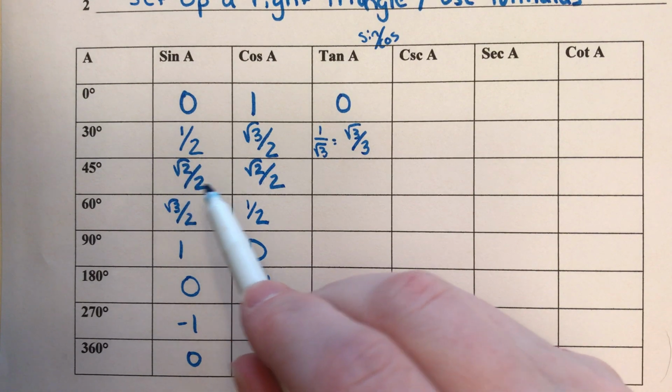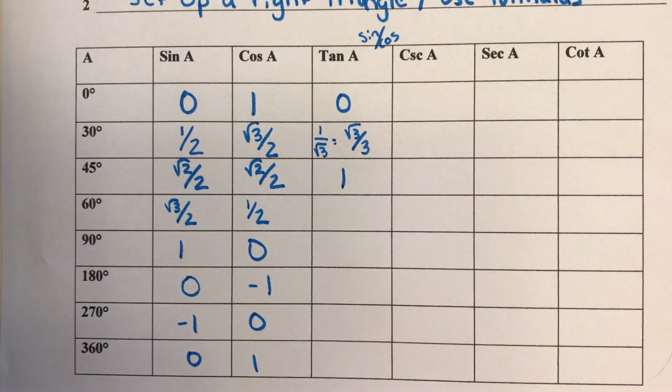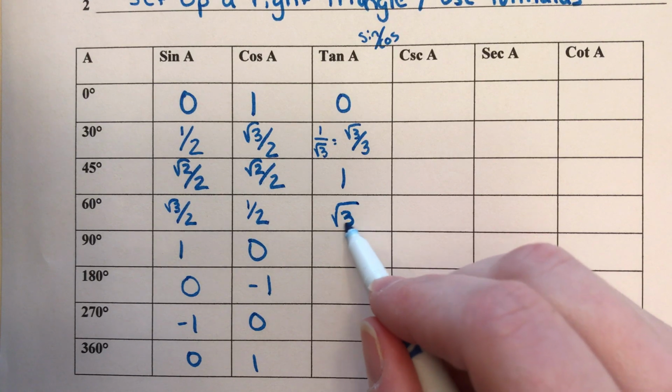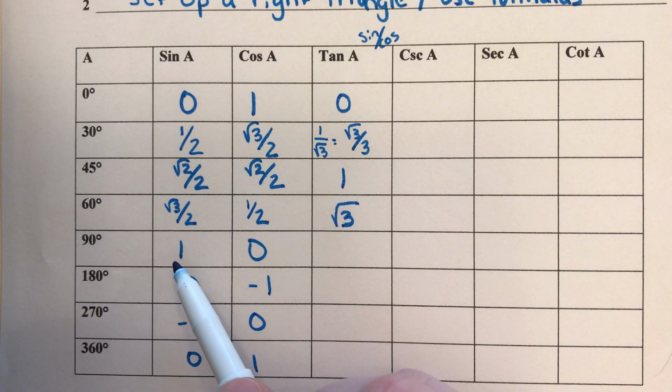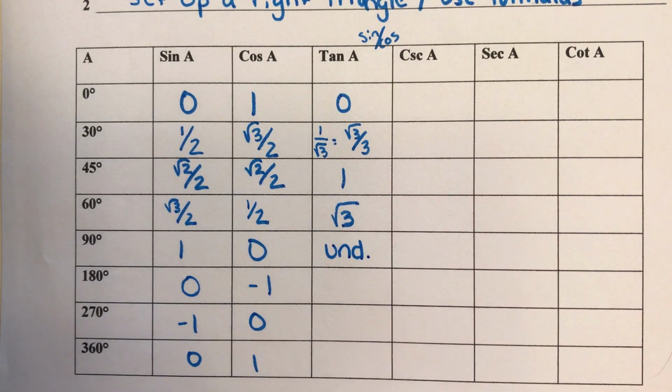For 45, root 2 over 2 divided by root 2 over 2 is 1. For 60, root 3 over 2 divided by 1/2, the 2's cancel, and that's just root 3. For 90, 1 divided by 0, we cannot divide by 0, so that is undefined. That's where we would have an asymptote if we were to graph this.